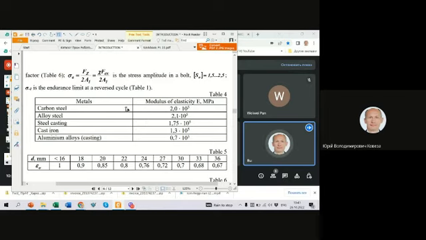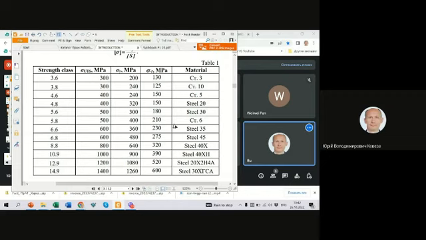What's the material? For the bolt we use either carbon steel or alloy steel. Carbon steel, I remind you, is the one without letters. Just a moment, I retune. These steels are carbon steels because there are no letters in the designation.